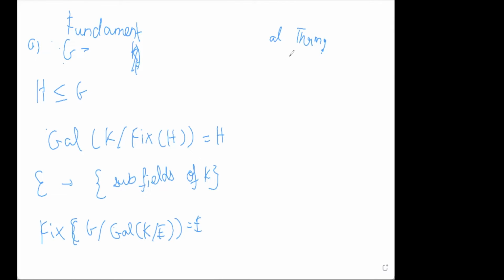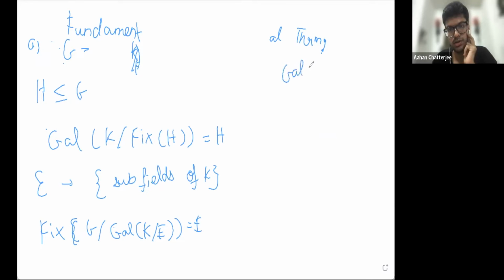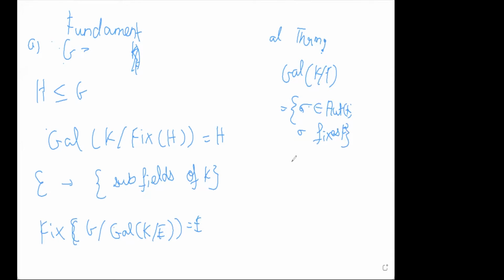So basically Gal(K/F) is the set of automorphisms sigma in Aut(K) that fixes F. So sigma fixes F.